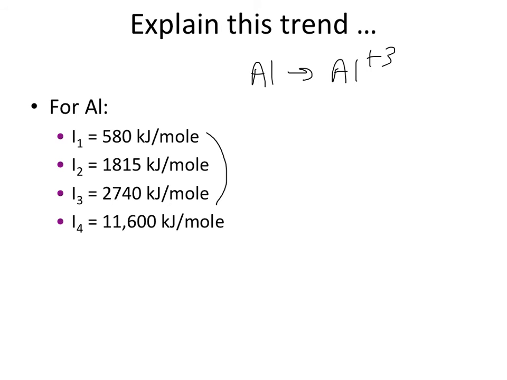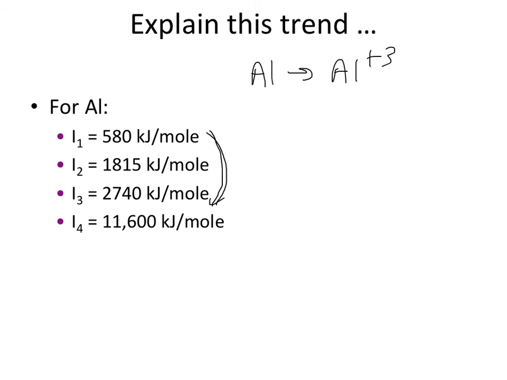And we expect that to become more difficult as you move through the removal of each electron, because as you remove electrons, the proton number stays the same. So as I remove 1 electron, the electrons that remain are held more tightly by the nucleus. So we expect these 3 to increase as we go through the removal progression.